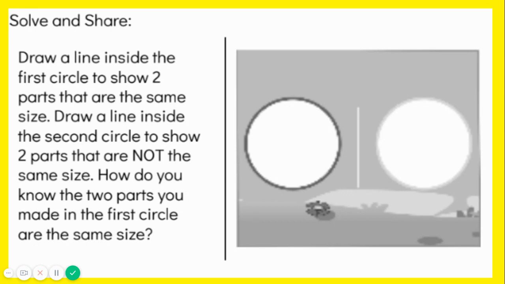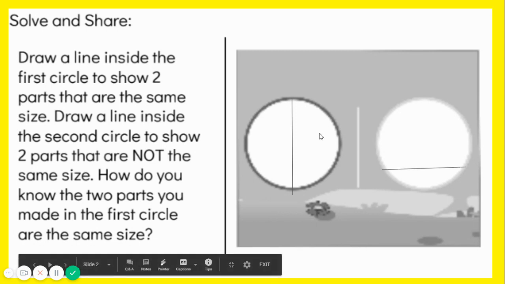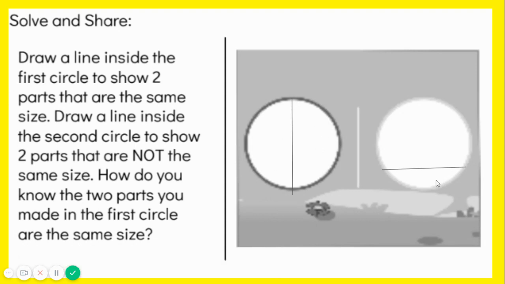All right, here's my example of the two equal parts. And here's my example of the two unequal parts, or not equal. If you look, these two parts are the same size, so they are equal shares.